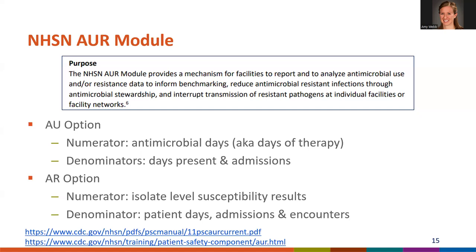So for the AU option, our numerator is antimicrobial days, also known as days of therapy, and then we have the denominators of days present and admissions. Whereas for the AR option, the numerator is isolate level susceptibility results, and for the denominator, we get patient days, admissions, and encounters. We'll go into a little more detail on all of those in the next few slides.